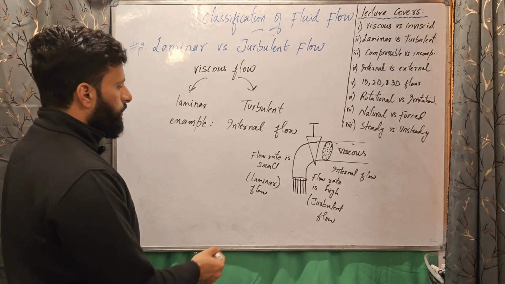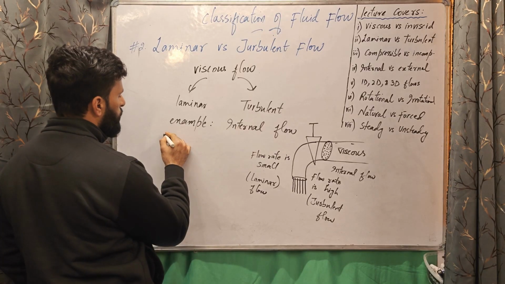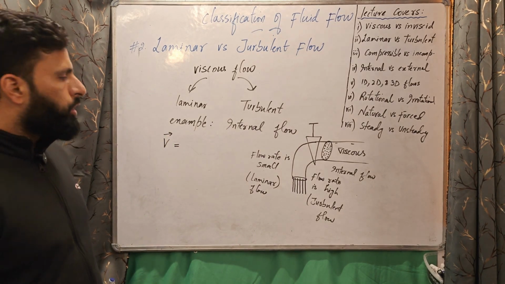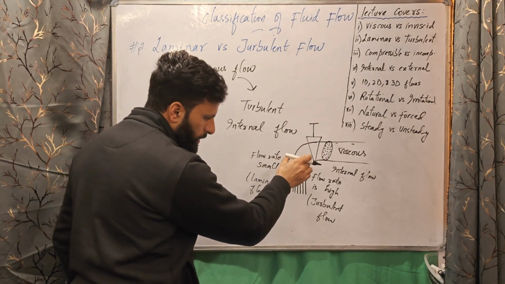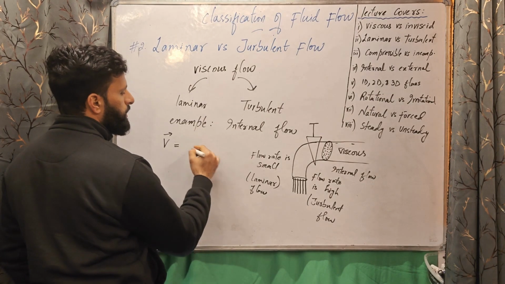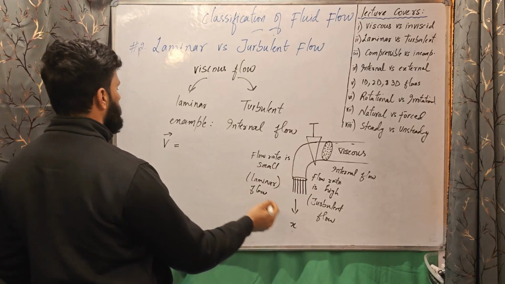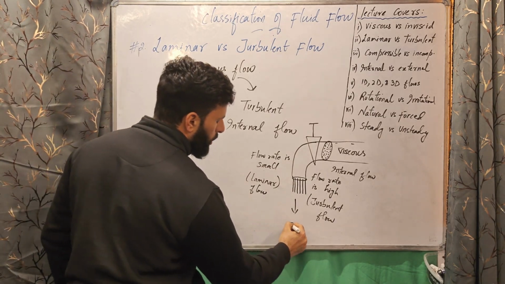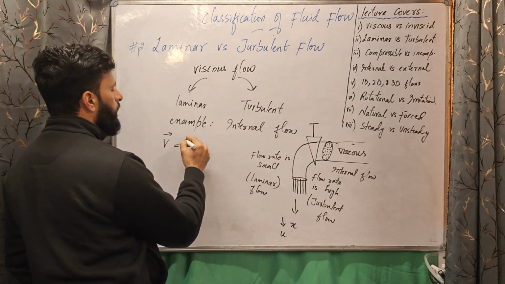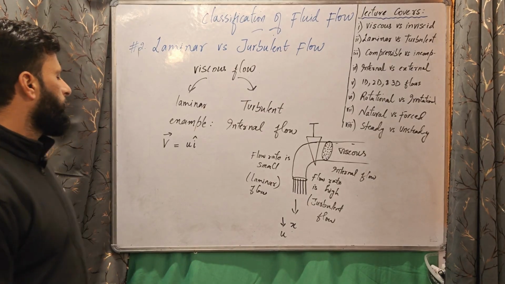Now in case of laminar flow, the velocity of laminar flow is one dimensional. Suppose we consider this flow moving only in one direction, if this is x-axis direction and the velocity component in this direction is taken as u, so the velocity of this one dimensional laminar flow is expressed as u i cap or i hat.